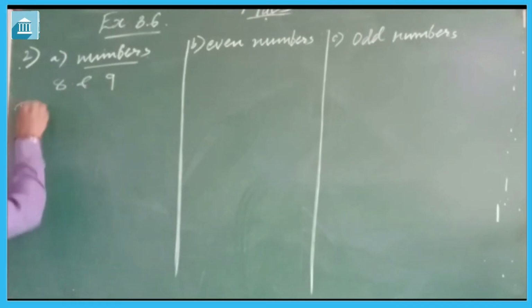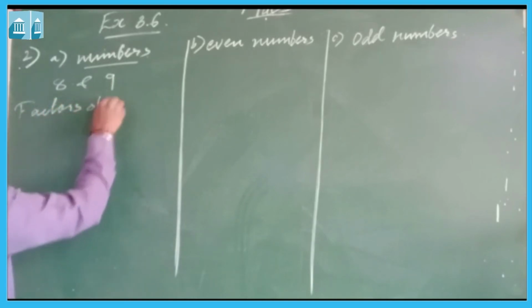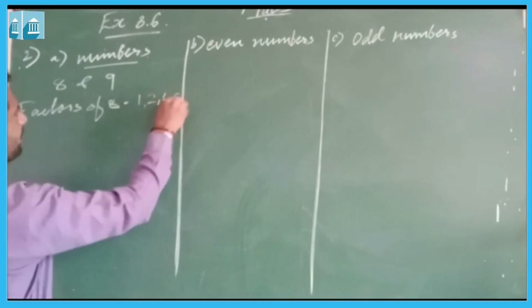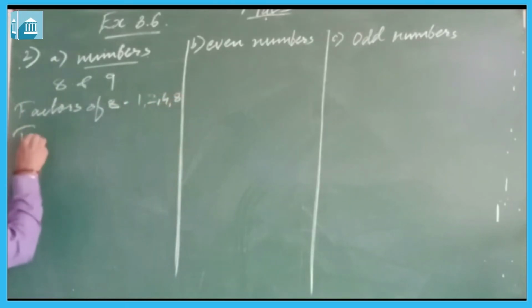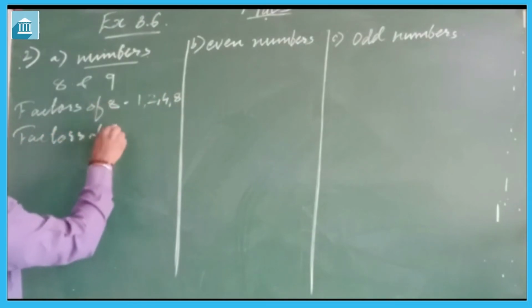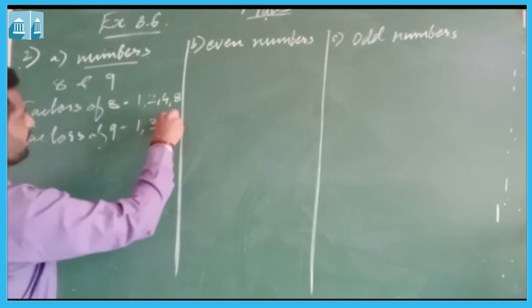As these are small numbers, we can do it like this. Factors of 8 are 1, 2, 4 and 8. Factors of 9 are 1, 3 and 9.